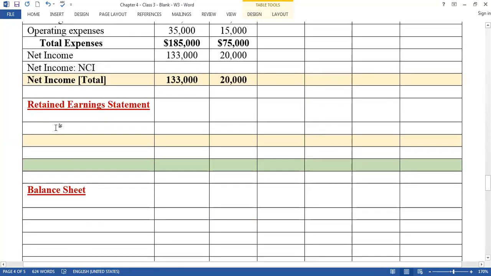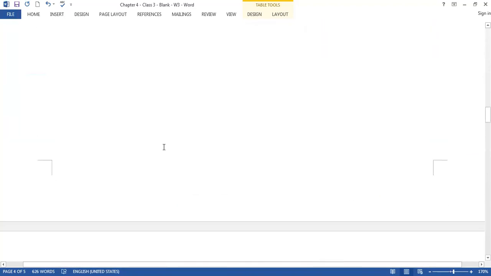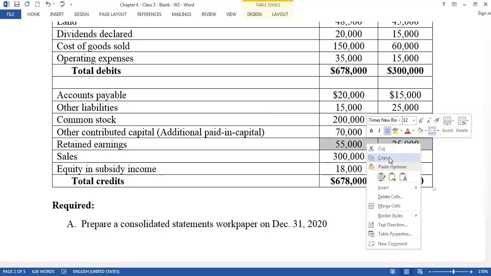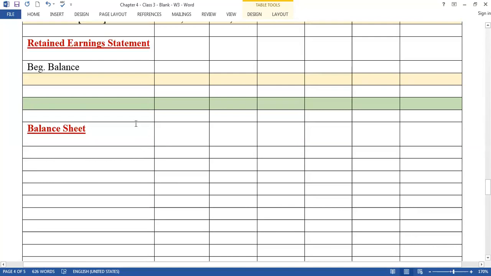Now retained earnings. You know that this is the beginning balance of retained earnings. It is given in the question for the parent company and the subsidiary company, so you copy and paste here.